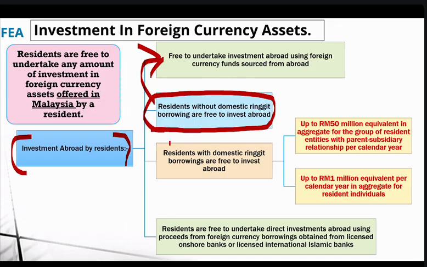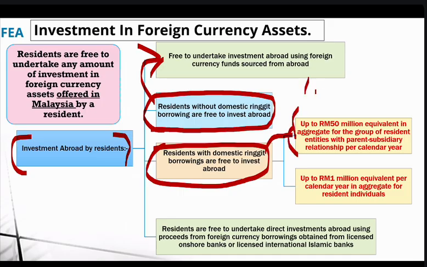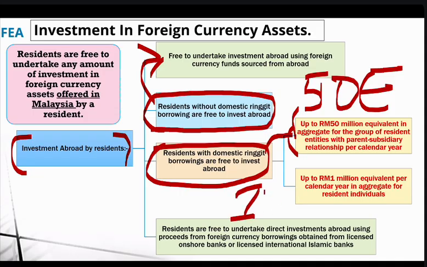Now, if I have domestic ringgit borrowing, I have rules in place. I have 50 million. So this one you write down is 50E. 50E is for entities. This one here is 1I. 1I is for individuals. 50E, 1I.